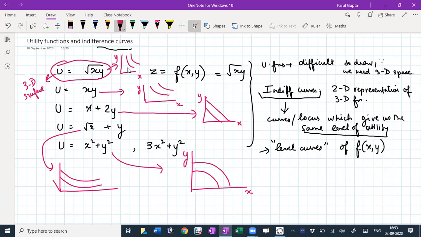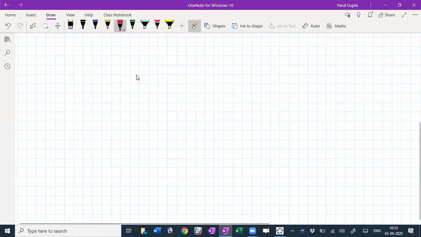For the indifference curves, we have kind of got rid of the utility in a way that one particular curve gives me one particular level of utility. So I'm not measuring utility along the axis, I'm measuring utility along the curve itself.